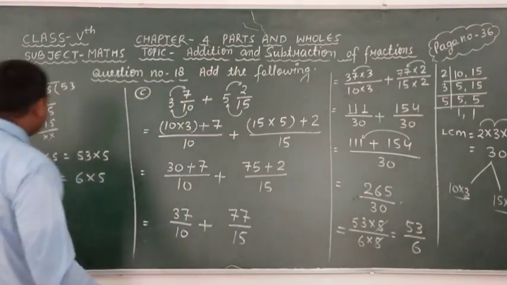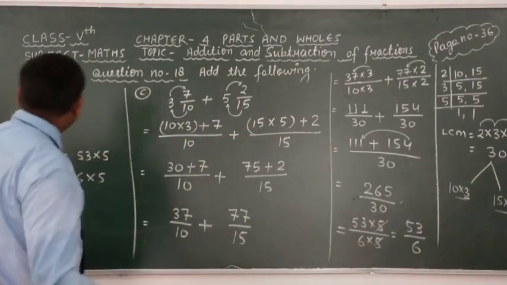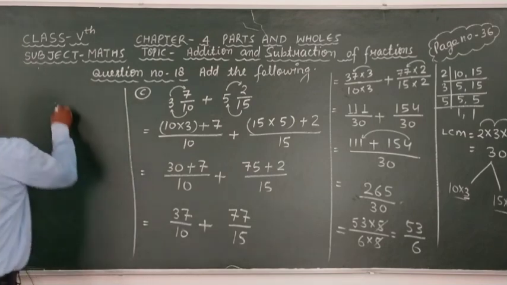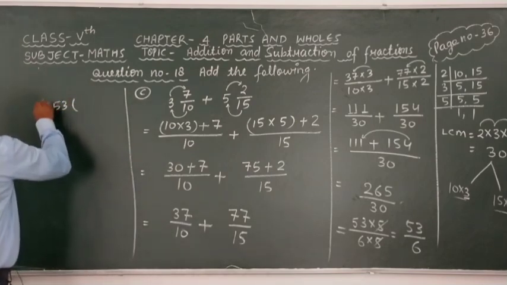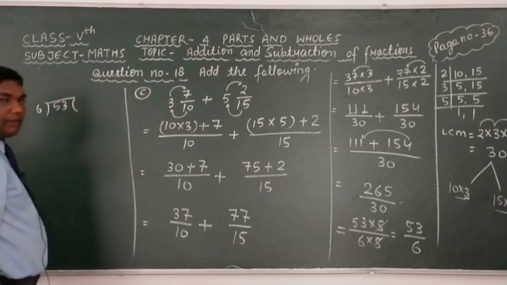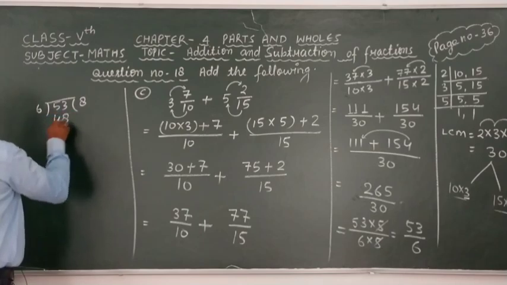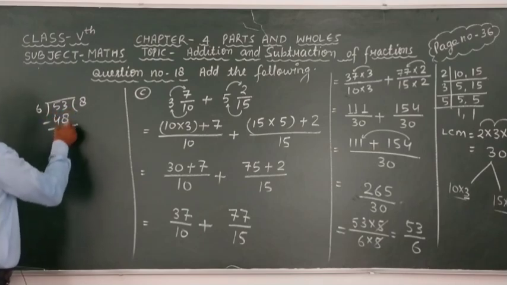Understand? Okay, dear sons. Again we have to take the division of 53 by 6. Okay, 6 eights are 48. After subtracting these we get, look here given that 3, here 8.